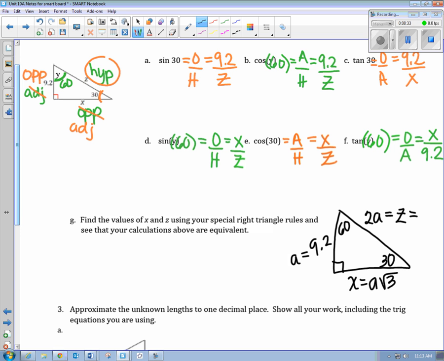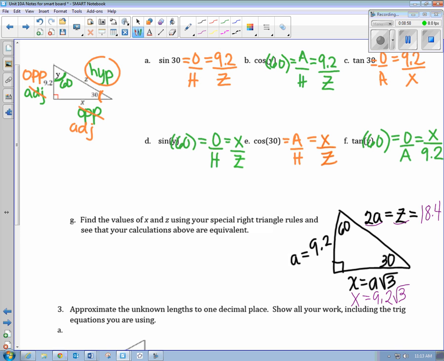So in this case, I can go back now and I can fill in the values for X and Z. So in here, if my A is 9.2, then for the Z side of 2A, I'm going to get 18.4, 2 times 9.2. And for the X side, I am going to get 9.2 radical 3.